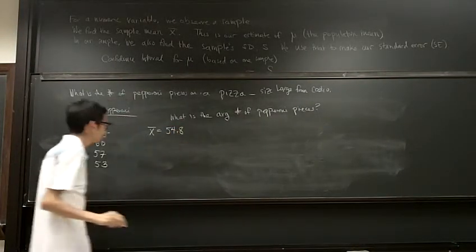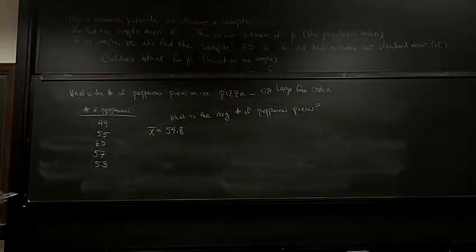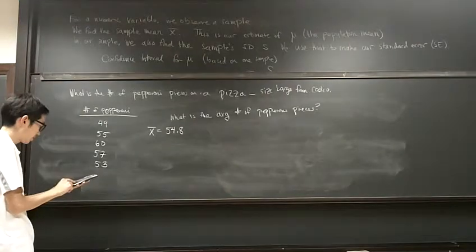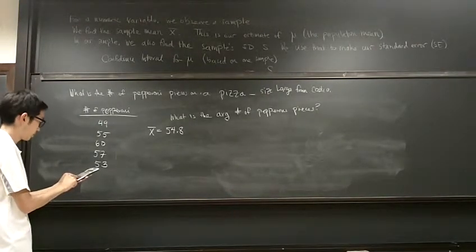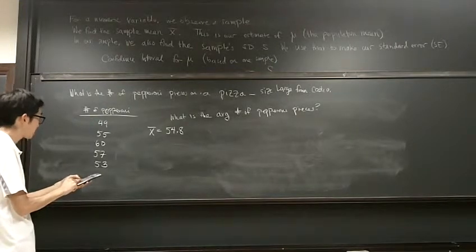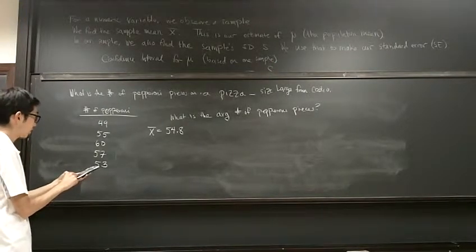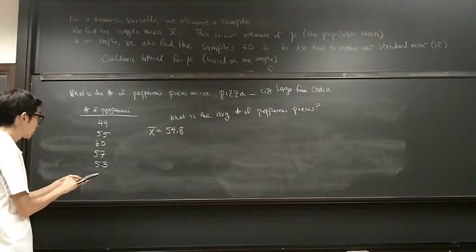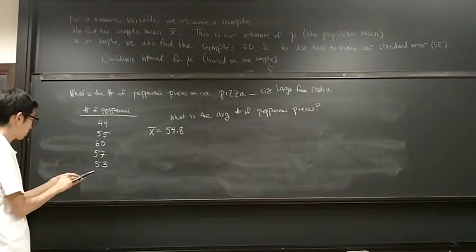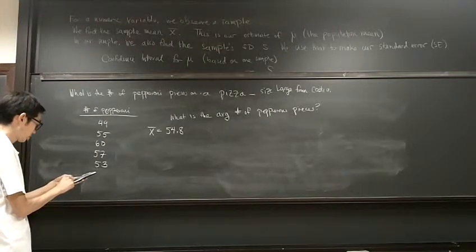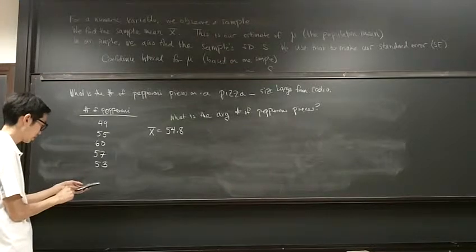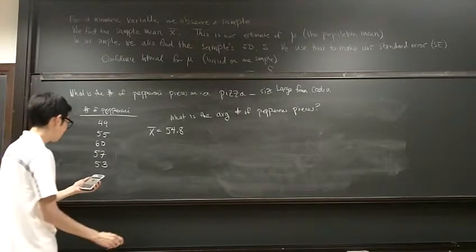And do we have a standard deviation? Not quite. Let's see. I will try to do this quickly. 5.8 squared plus 0.2 squared plus... Okay, my standard deviation is 4.15.